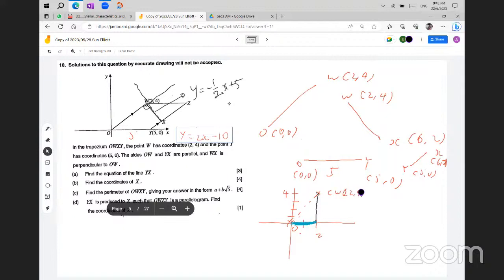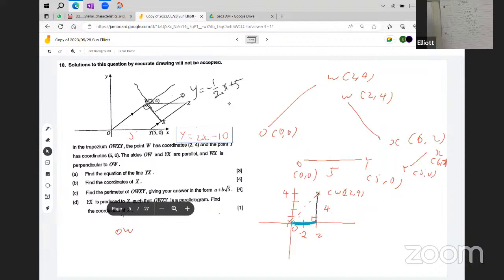So it's here. Now we know that the blue line, the length is 2, and the black line, the height, is what? 4, correct. So it's a right angle triangle, and we have 2 out of 3 of the lengths. So are we able to find OW now?